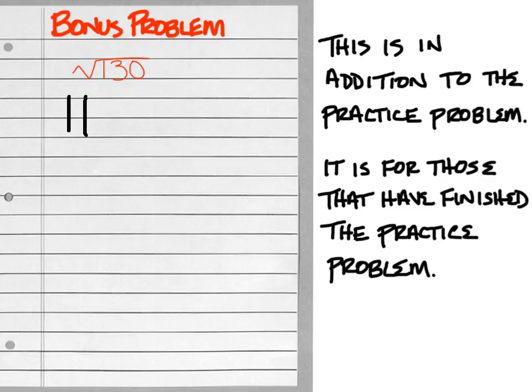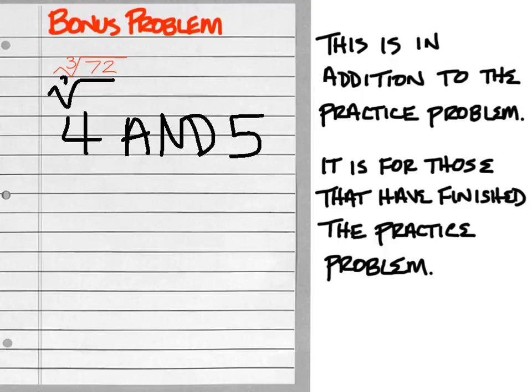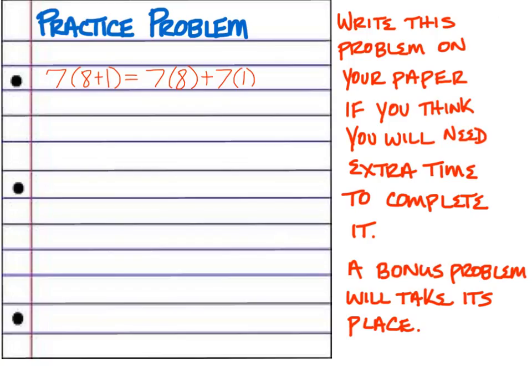Answer for this one should be 11 and 12. Answer for this one should have been 4 and 5. The cube root of 72 is between the cube root of 64 and the cube root of 125. So we get 4 and 5.